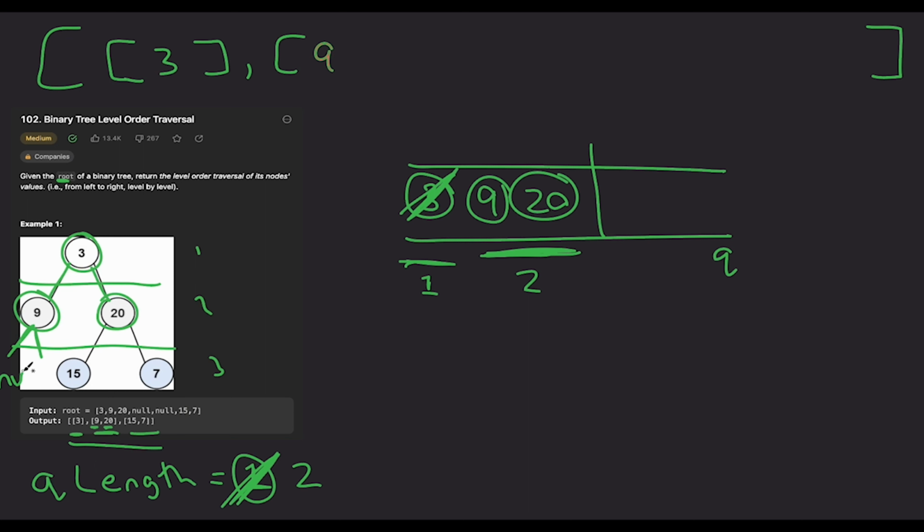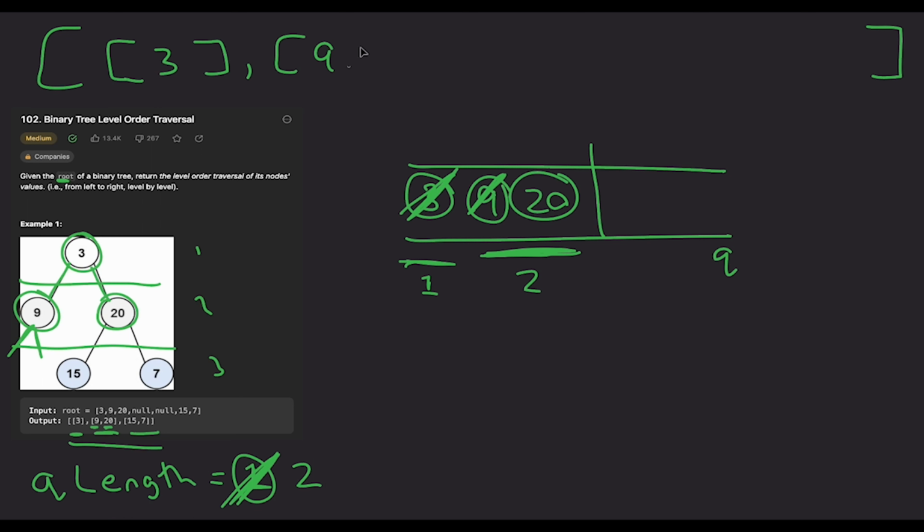But since they are both null, we are choosing not to add them to our queue. We don't want to add them if they're null. They have no purpose. They're not in our output, so we won't add them. Then we delete 9 off of our queue.